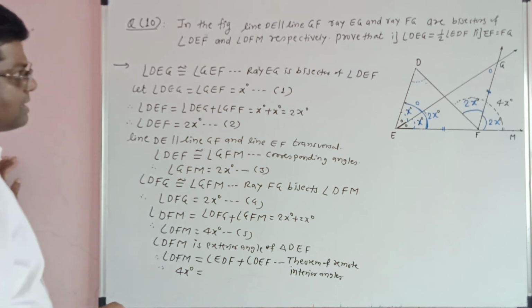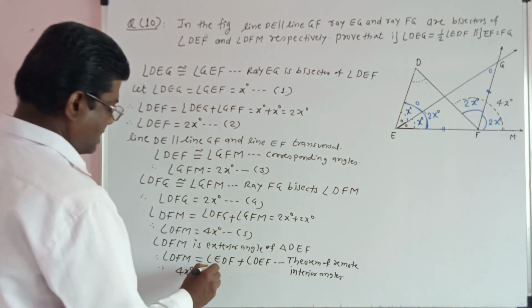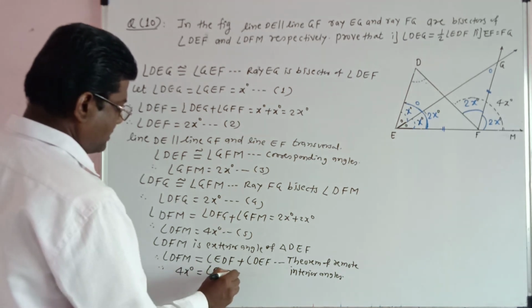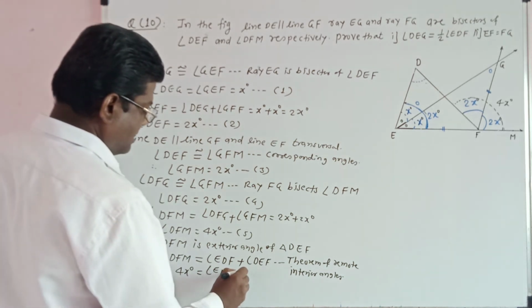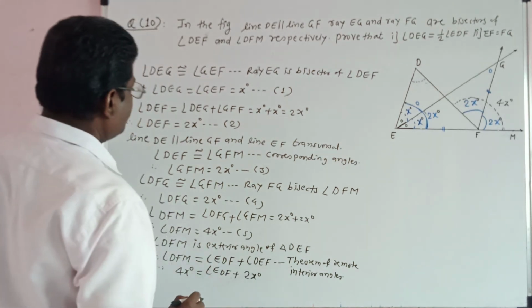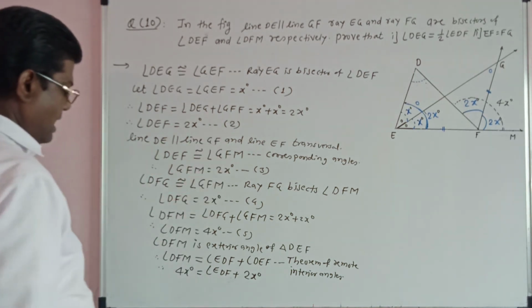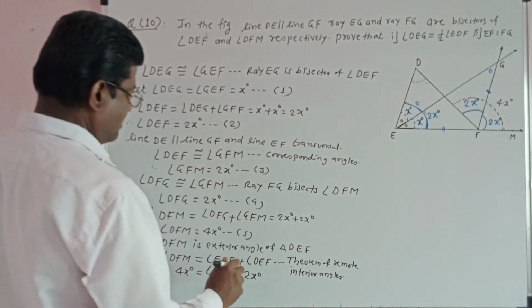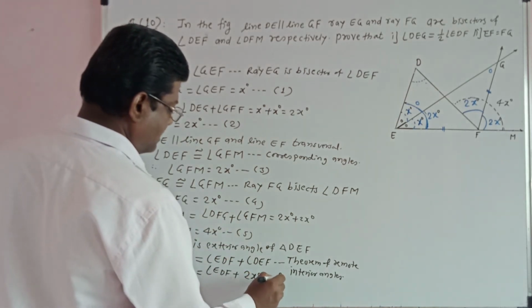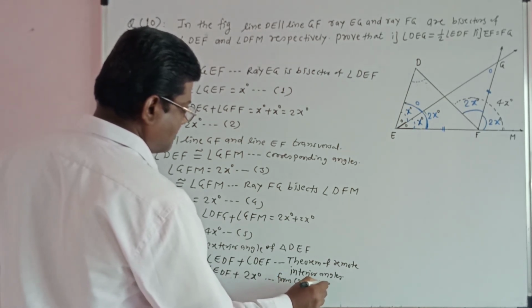Angle EDF we have to find: angle EDF plus angle DEF. DEF is 2x degree, this is from equation number 2, and DFM is 4x degree from equation 5. So this is from equations 2 and 5.